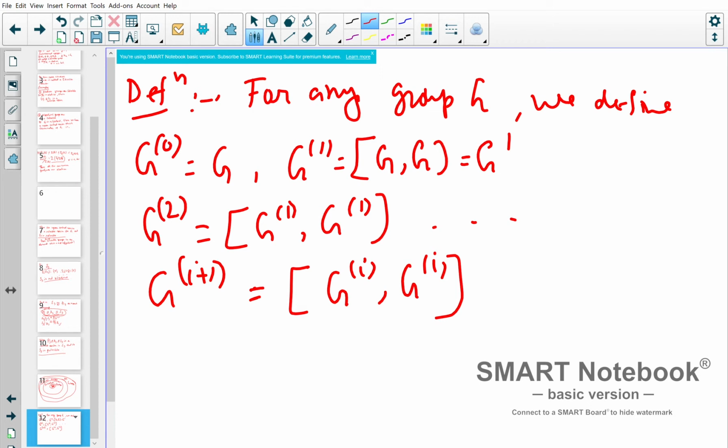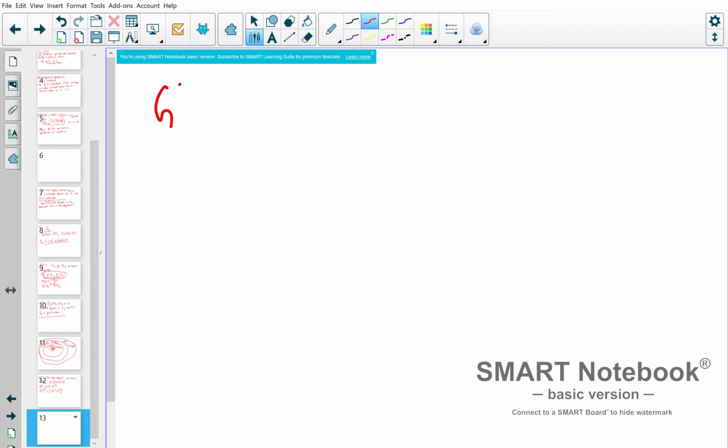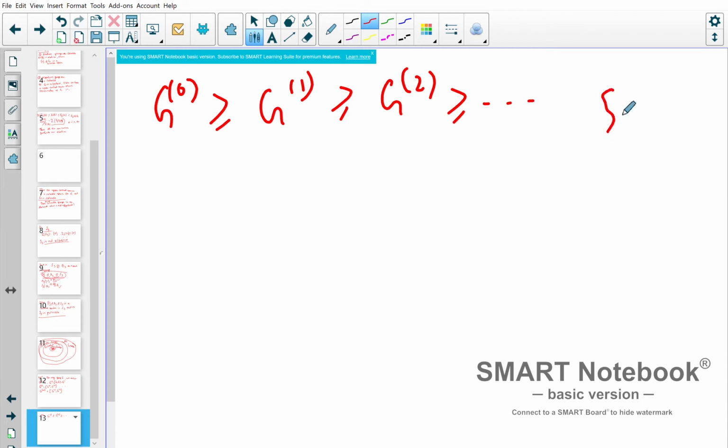If I define it this way, you will obviously have a chain of subgroups. Remember, this is a different containment: G0 is bigger than G1, then G2, and so on. The question is whether this chain terminates at the identity or not. Maybe I can give an example with S3.